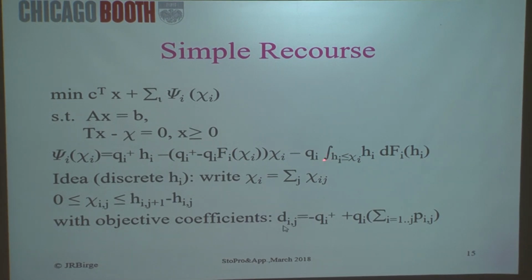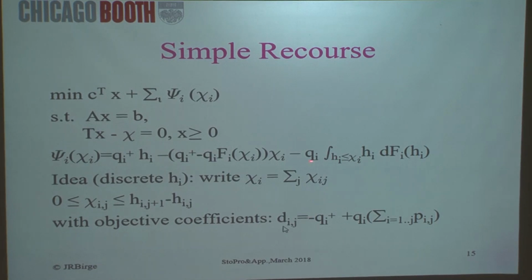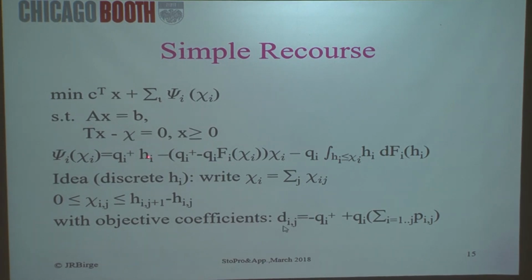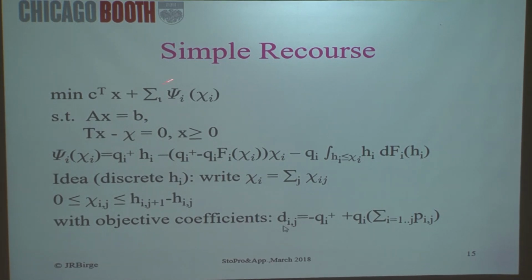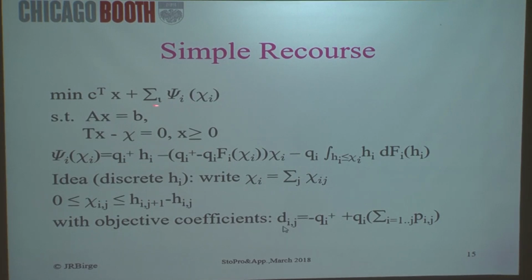Now I'll take the expectation of that. I think this is just the expectation of h. This is like the expected value of h. And then minus its conditional expectation of being less than chi. Okay, so this is the representation.